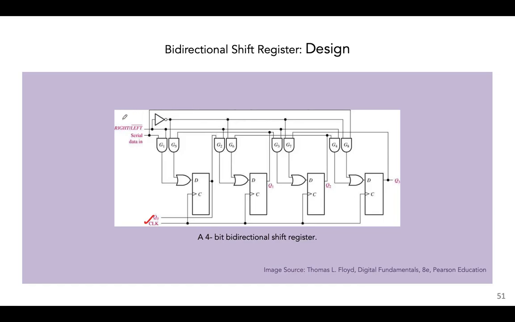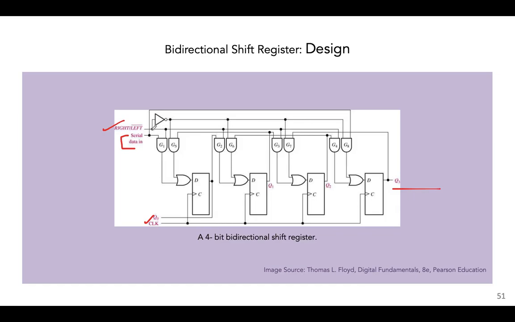In addition to that, we have a serial data input line. Again, like we used to in the previous cases, we have an output line also. What's interesting is this part, a control line that decides the mode of operation of your register. So you can pick whether you want the data to move to the right or you want the data to move to the left.